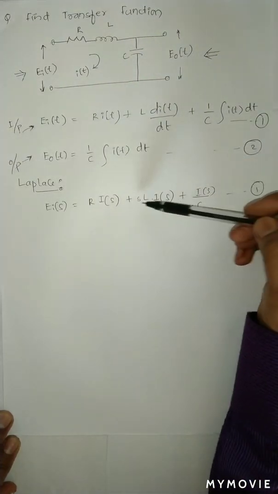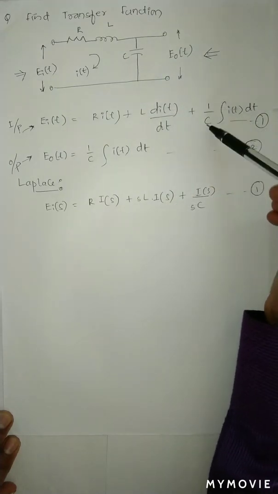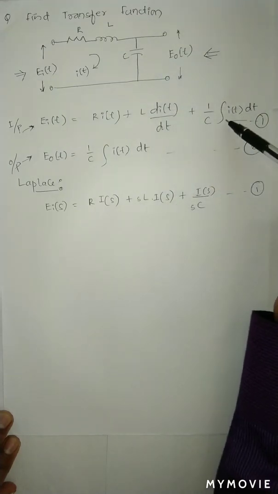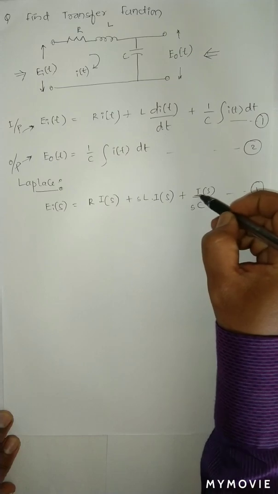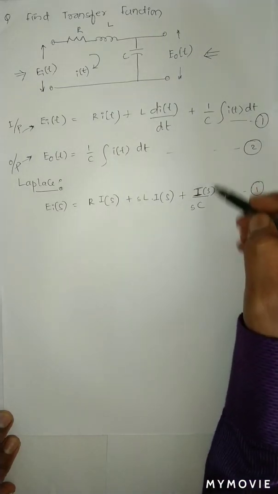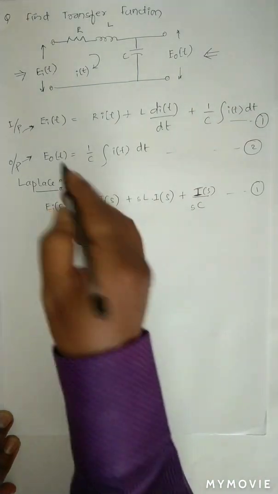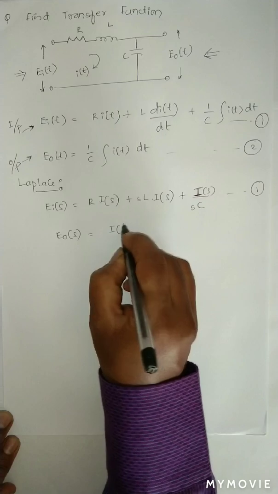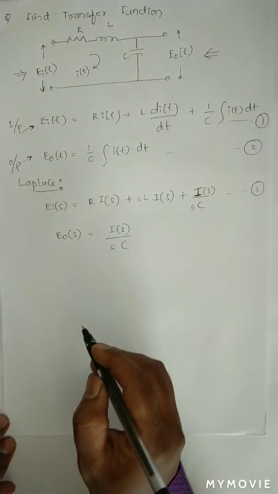So d by dt becomes S, L as it is, I of t becomes I of S. 1 by C integration, while writing in terms of Laplace, becomes 1 by S, so I of t becomes I of S, then 1 by C as it is. Similarly, for output side, E naught of S is equal to I of S by S C. Right?